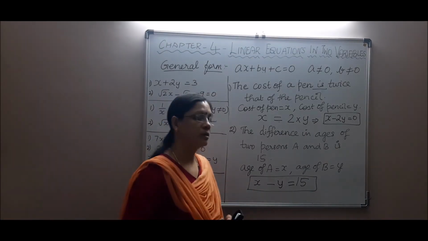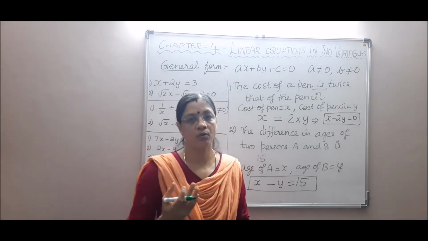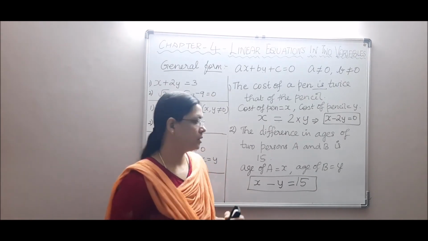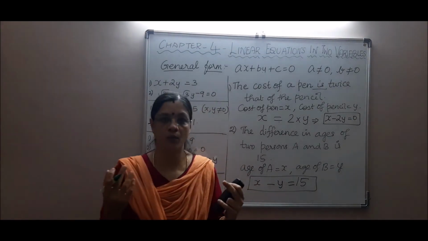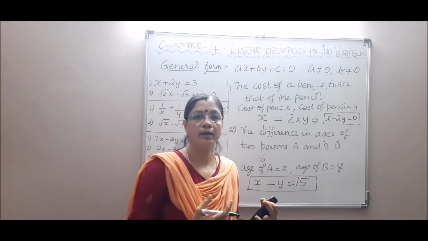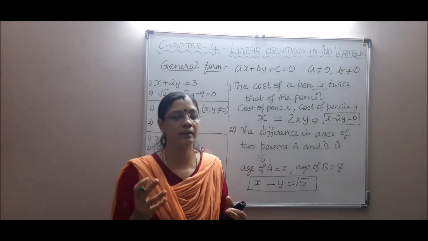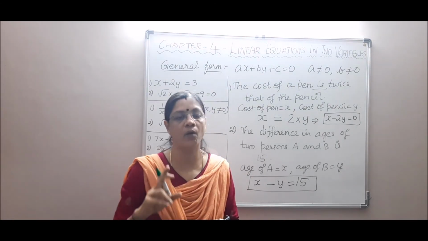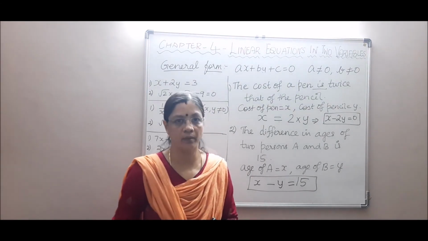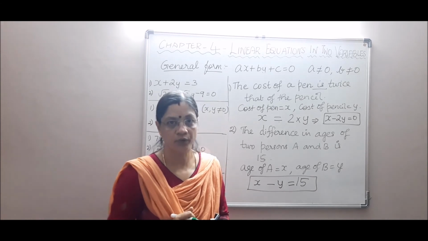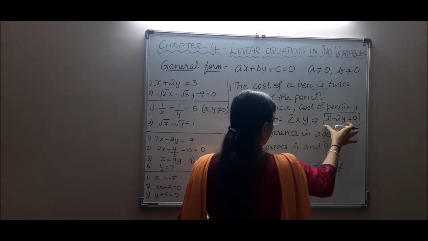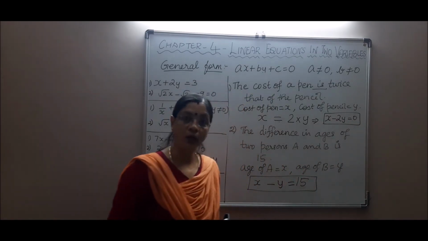We know an equation in a single variable, like 2x is equal to 6 or 2x plus 3 is equal to 7. If it has only one variable, we can get only one value for that variable, isn't it? We have learned it before. Now there are two variables involved in the equation.